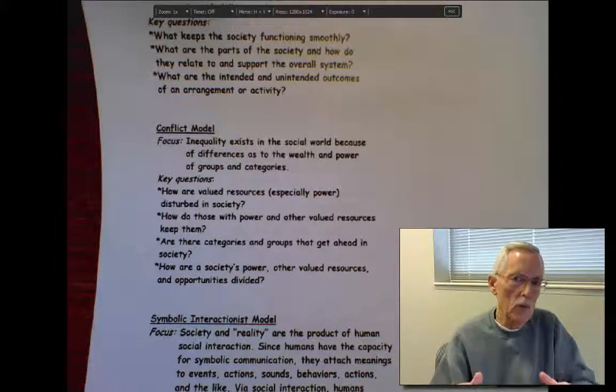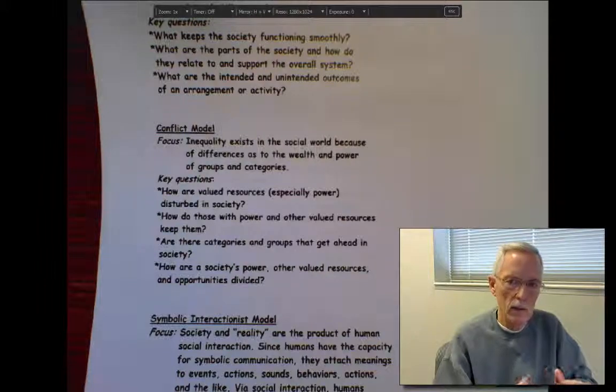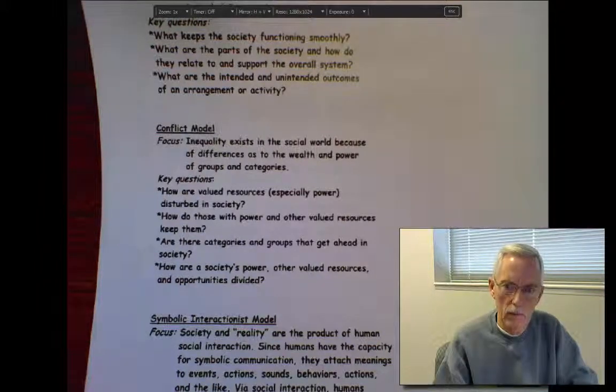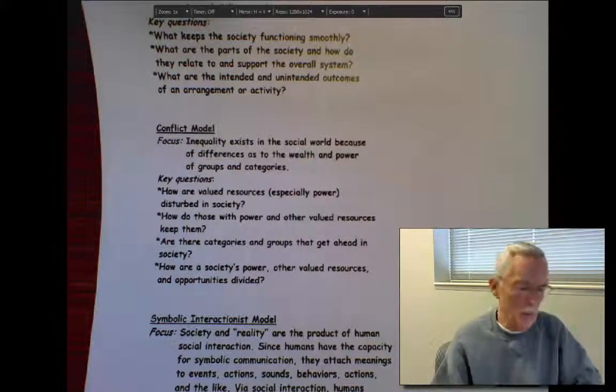In other words, prostitution reflects more than anything else inequality and sexism. The fact that women are secondary to men. Let's develop this argument a little bit more.